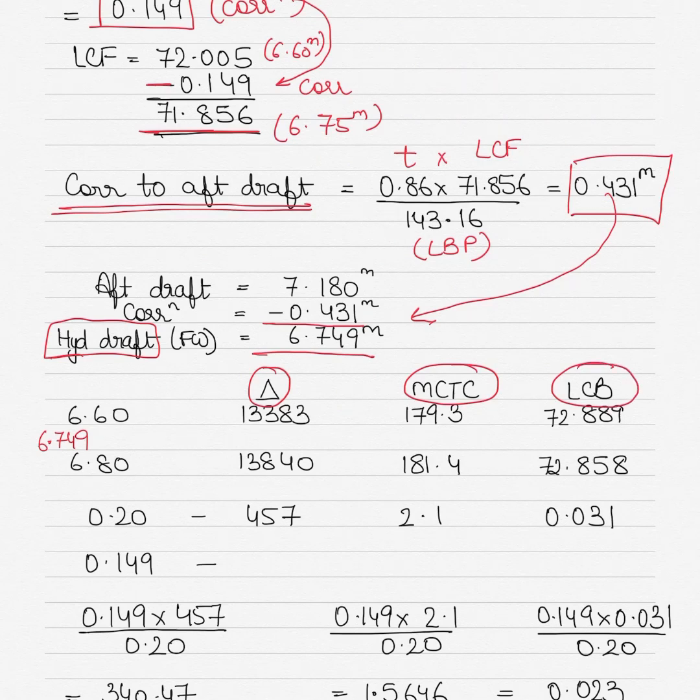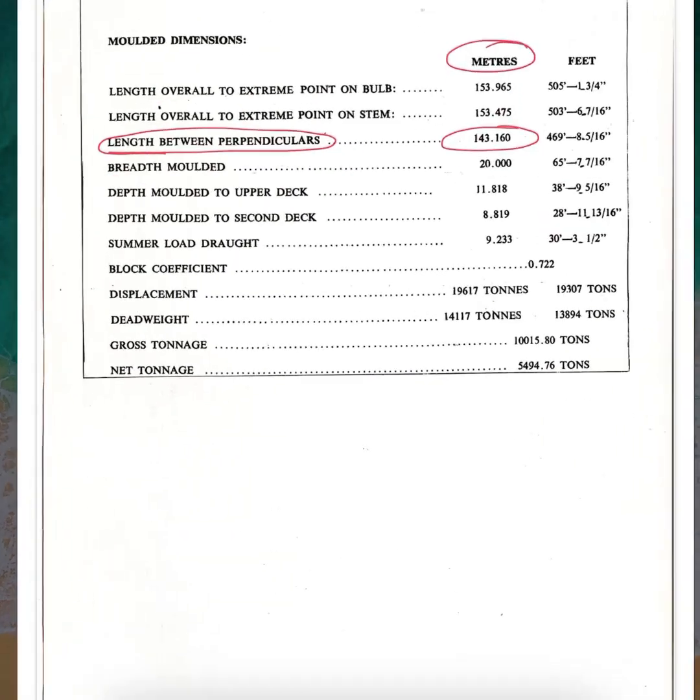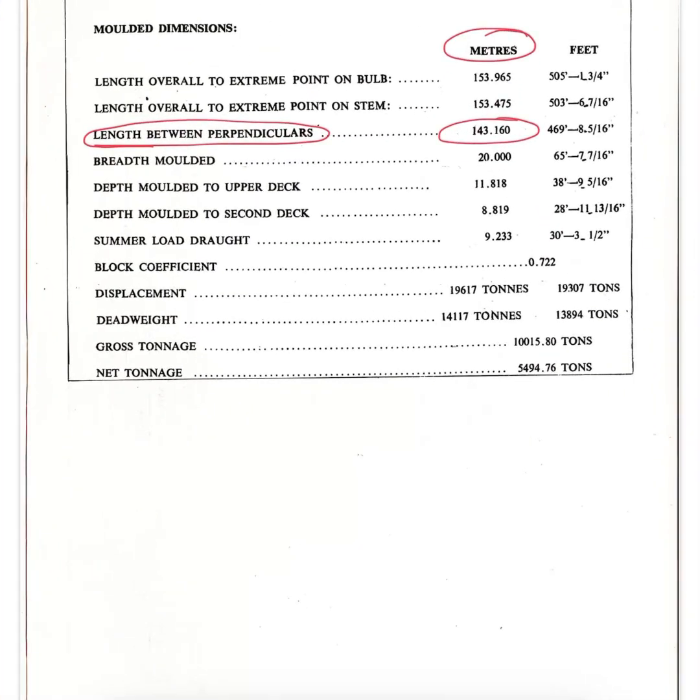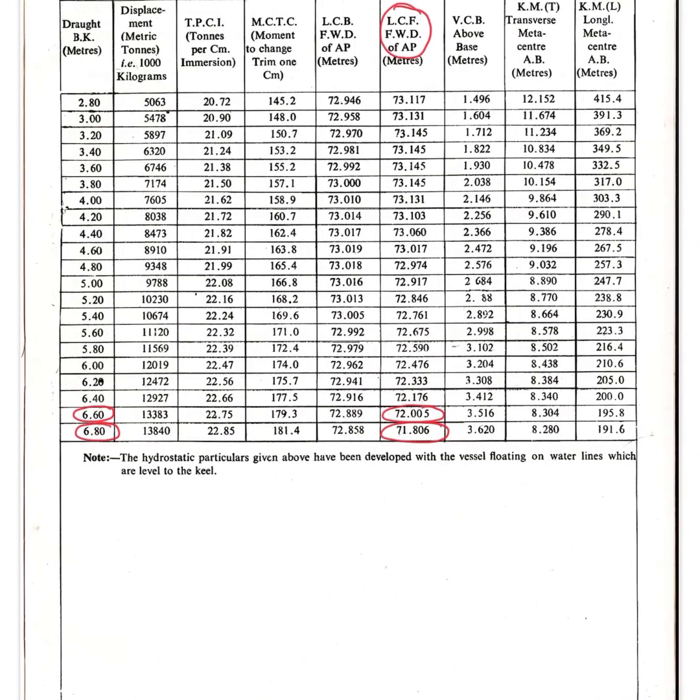Alright, you do what you did before. You will go back into the hydrostatic tables, and because you don't have 6.749 in the tables, you will be finding out these values for 6.6 and 6.8 like you did previously. So you will find out the displacement value, the MCTC and the LCB. LCB stands for longitudinal center of buoyancy, forward of aft perpendicular.